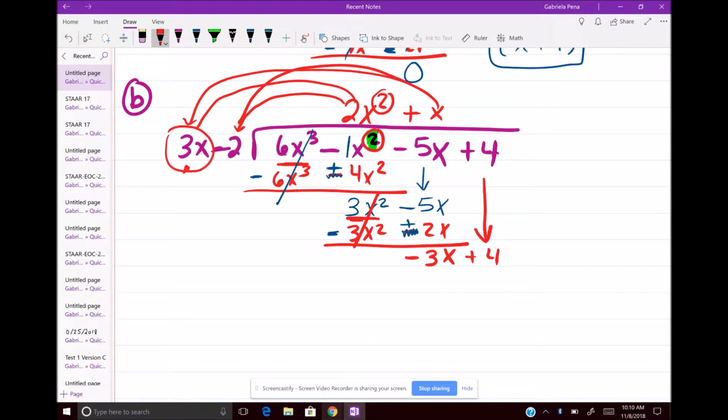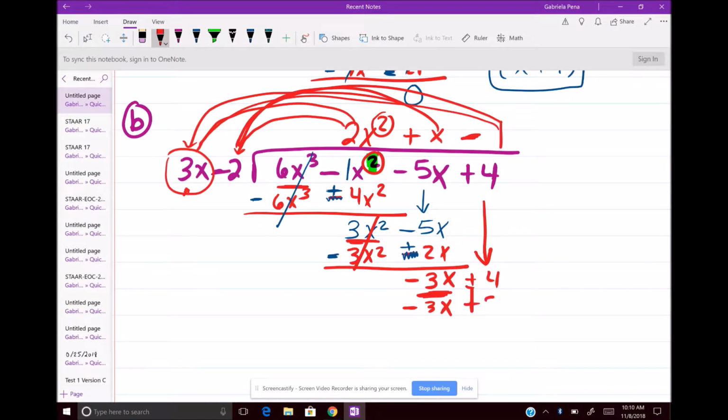Now, what times 3x is going to give me a negative 3x? A negative 1. It has to be negative. And what's a negative 1 times x? Negative 3x. And the negative 1x times a negative 2 is a positive 2.